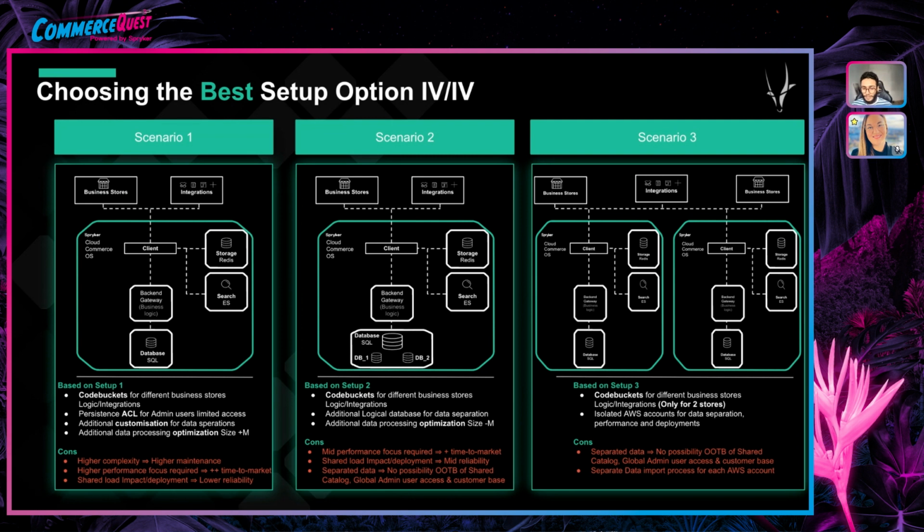So for the people that actually went for the first option, there is one factor, and this is a good idea to start with for the go live, right? To go with this scenario since the beginning.